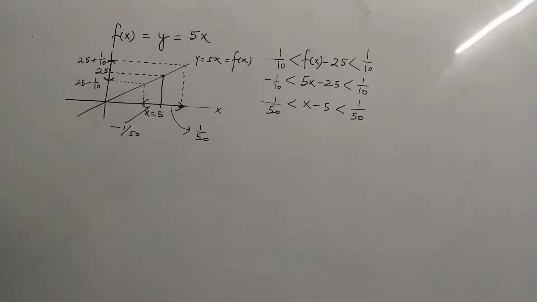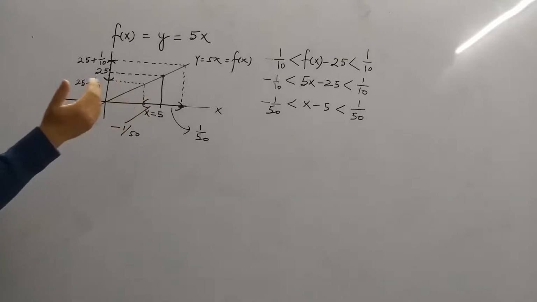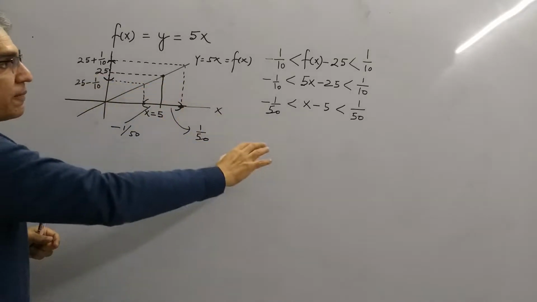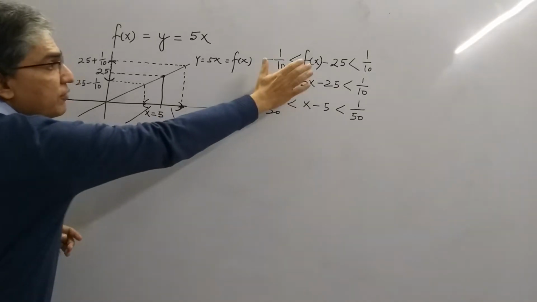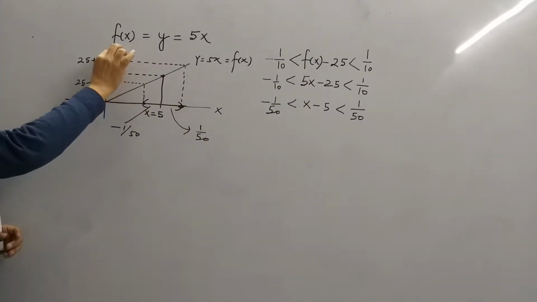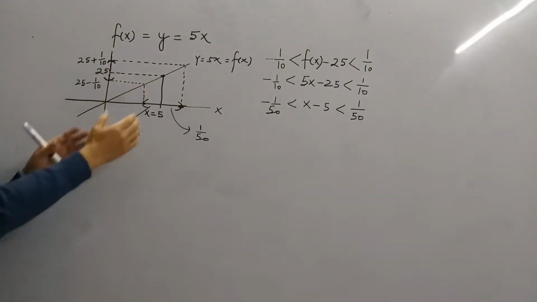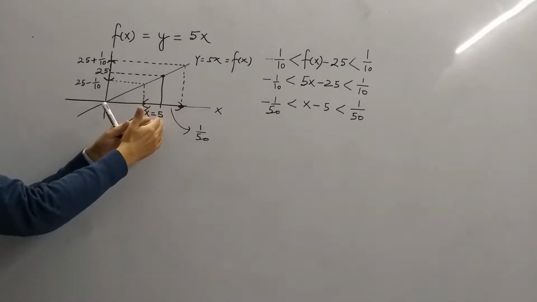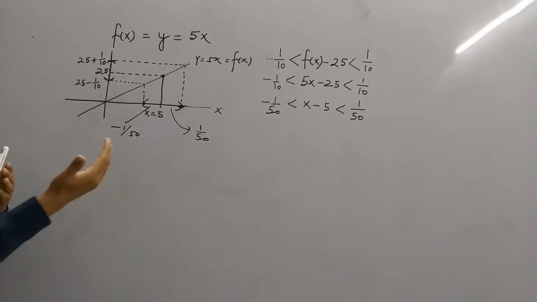What is the interpretation? The interpretation is that, now you see very carefully, that if my function moves from 25 by 1 by 10, then my independent variable moves by 1 by 50.